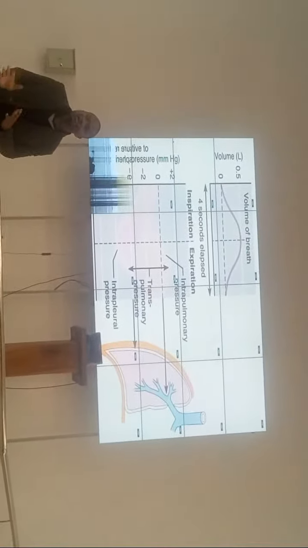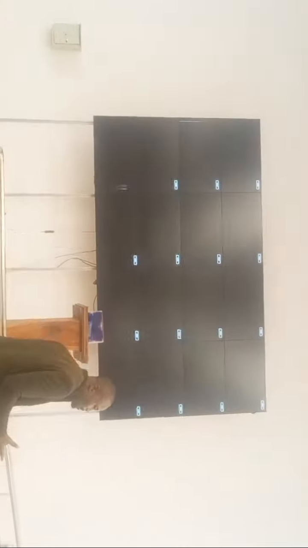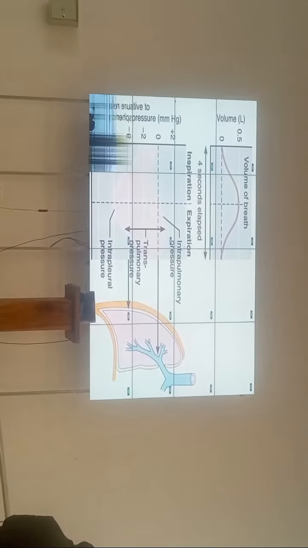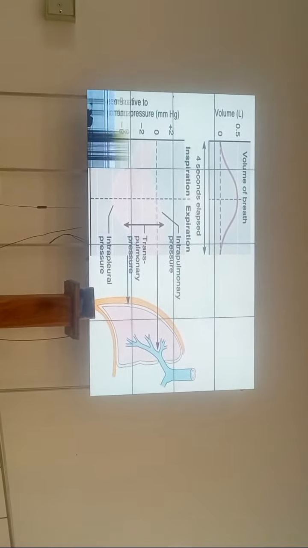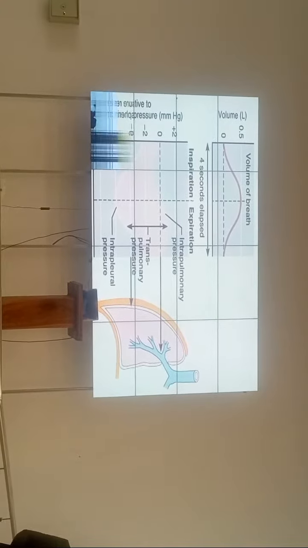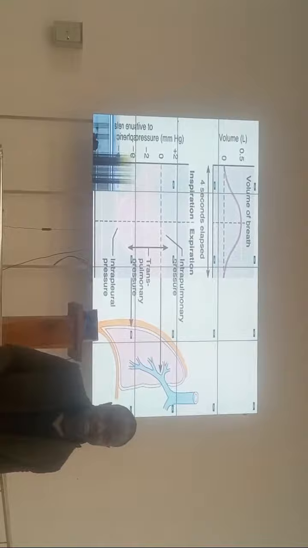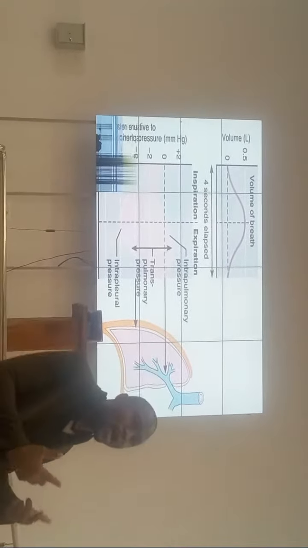We are going to say +1 and -1, not because this is the unit we are measuring. We say +1 and -1 because it is the pressure compared to atmospheric pressure. It is +1 more than atmospheric pressure, not that we are saying it's +1 millimeter of mercury.